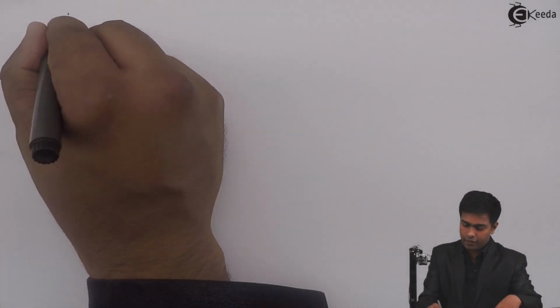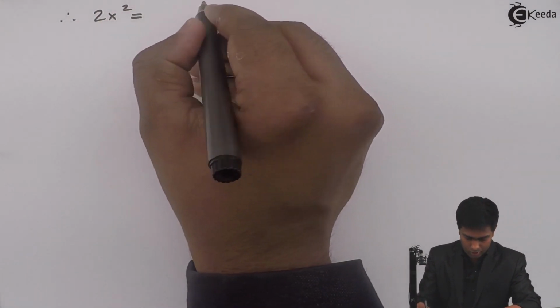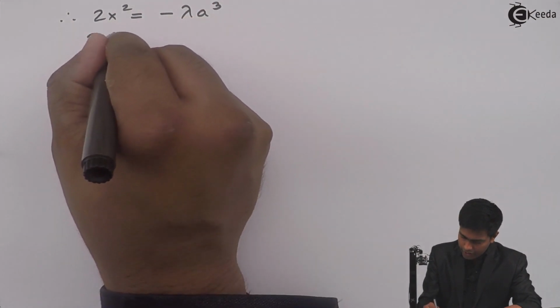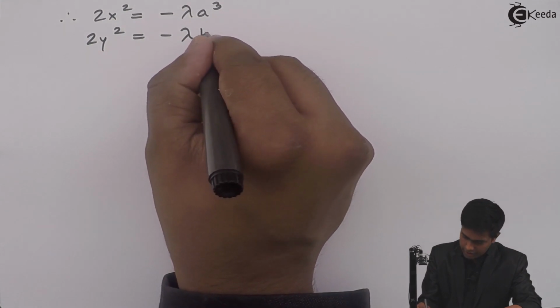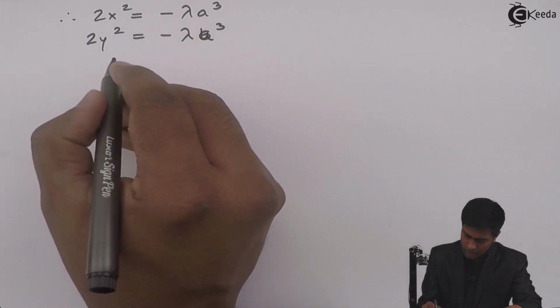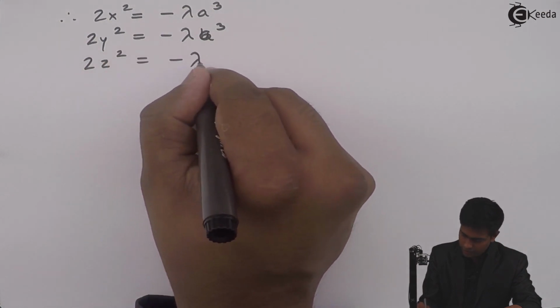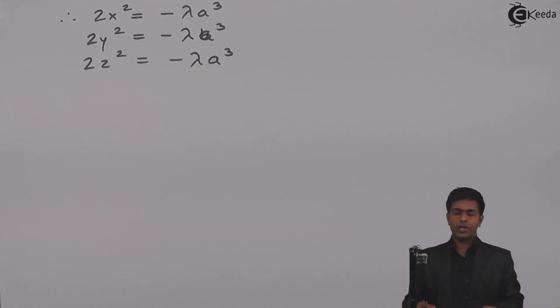Therefore 2x square is equal to minus lambda a cube, 2y square equal to minus lambda a cube, and 2z square is equal to minus lambda a cube.